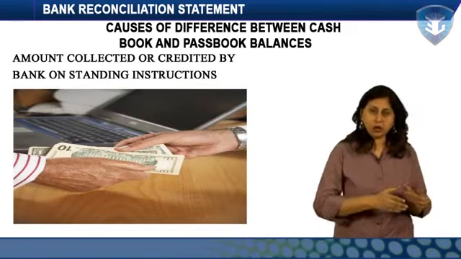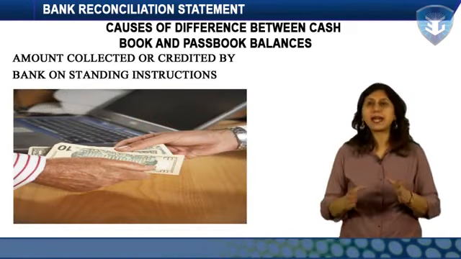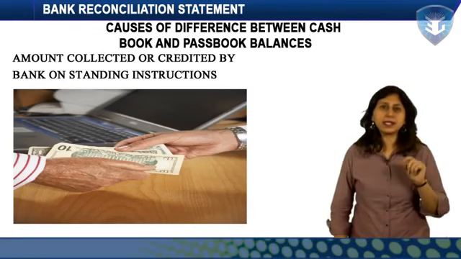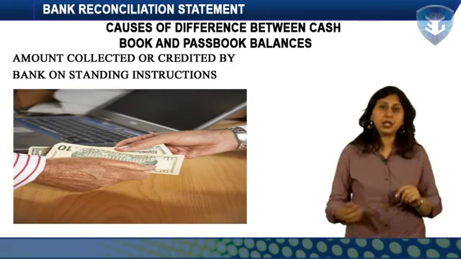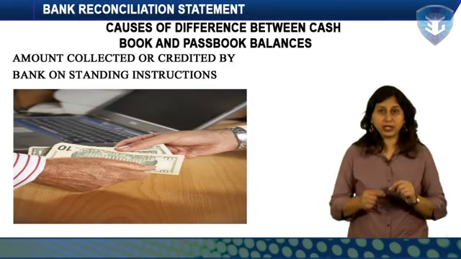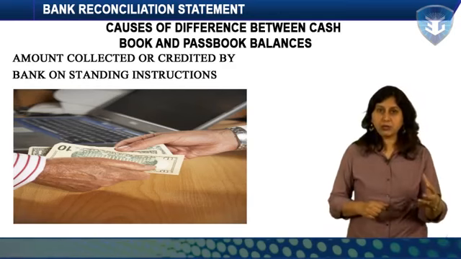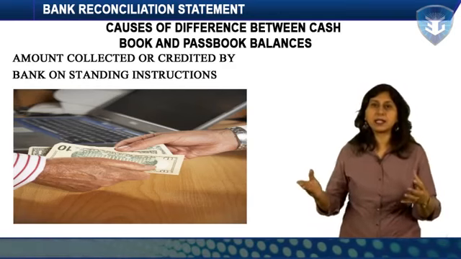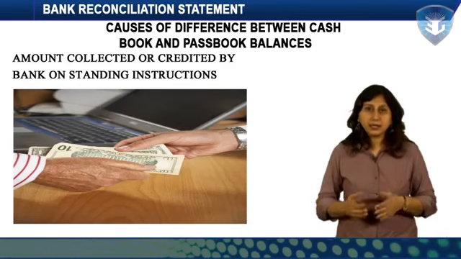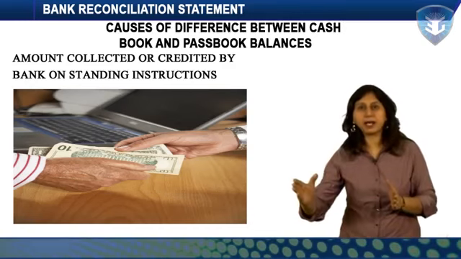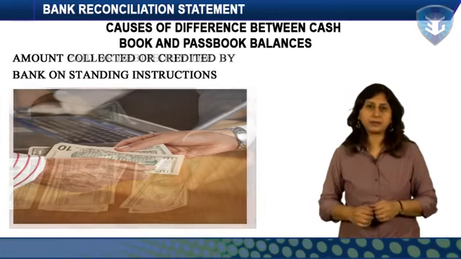Amount collected or credited by bank on standing instructions. Often, a concern issues standing instructions to the bank to collect dividend and interest on investments on its behalf. When the bank collects such amount, it immediately credits the concern's account with it. The necessary intimation and advice is sent to the concerned party after this is done.